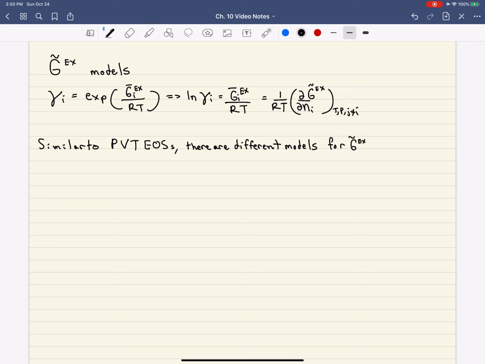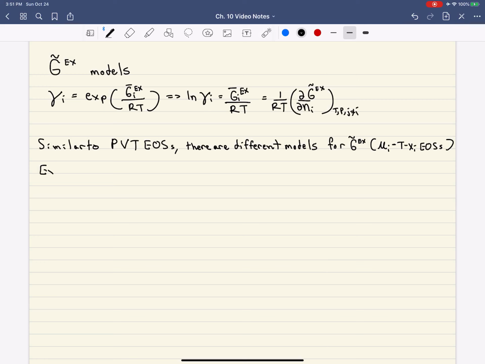Another way you could think of this is that for the Gibbs excess, you're not looking at pressure, volume, temperature models or equations of state, but you're looking at chemical potential, temperature, mole fraction equations of state. Okay? All right, and so what I want to discuss in this video is just various models that people have developed for the excess Gibbs energy.